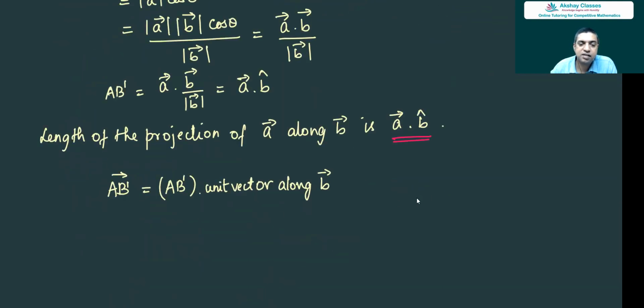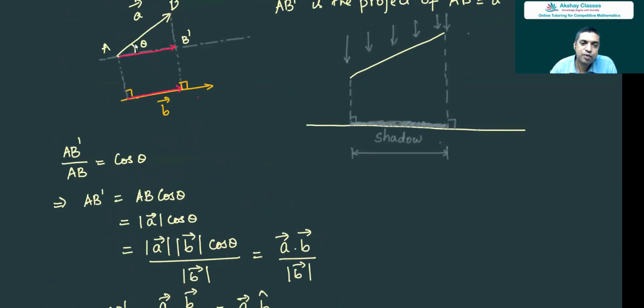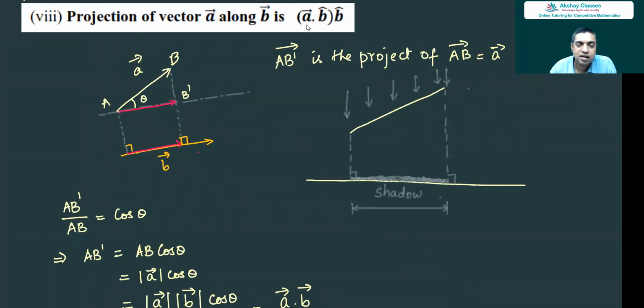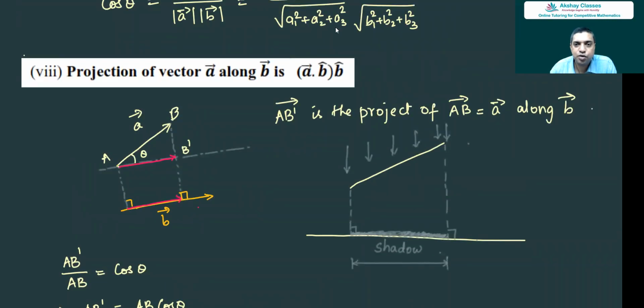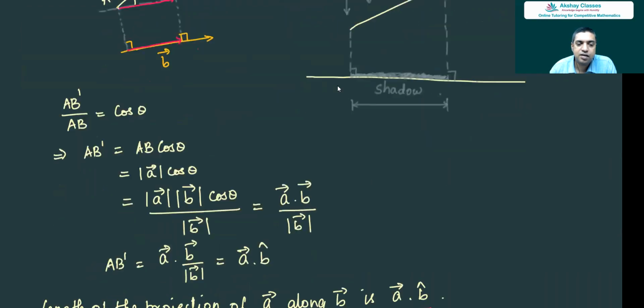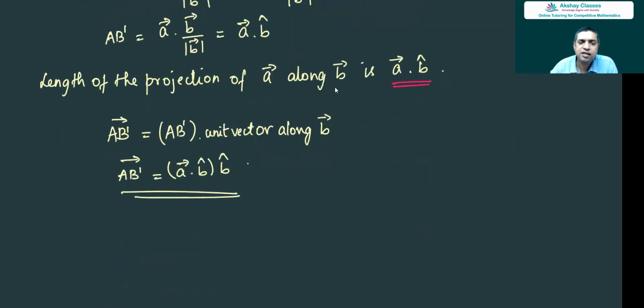So this length AB dash times the unit vector. So the length AB dash is A bar dot B cap, times B cap. That is the projection. So the projection of one vector along another vector is the first vector dot the unit vector of the second vector, multiplied by the unit vector. So this is the projection.